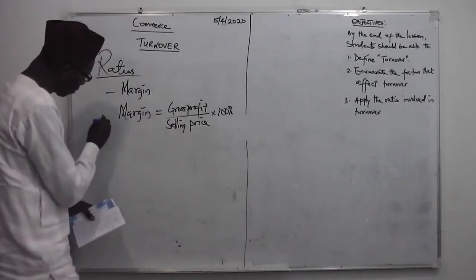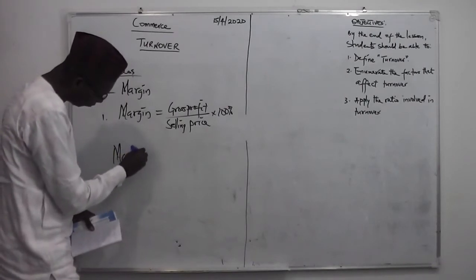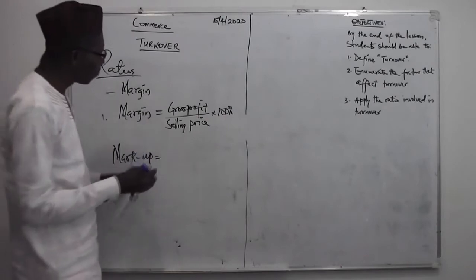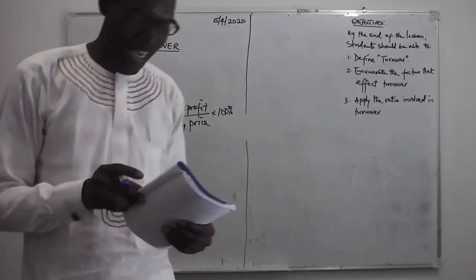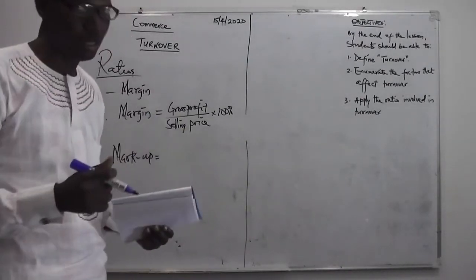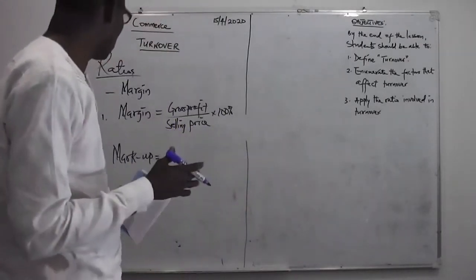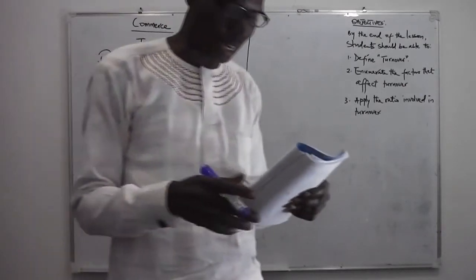Then we also have markup. After the margin, we have markup. Just like margin, markup is a relationship that exists between the gross profit and the cost of goods sold. That is why I told you that to come into this ratio, you must be able to prepare your trading profit and loss account.